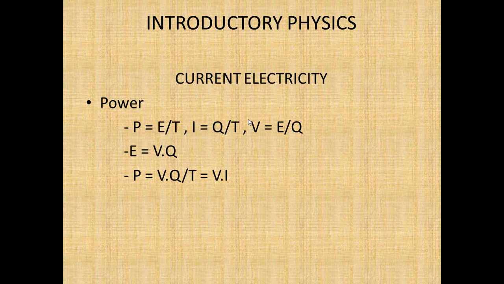Voltage, or the electrical potential difference, is the change in potential energy per unit charge. These are concepts that we discussed earlier on, equations that we already established. So we can substitute in this equation.